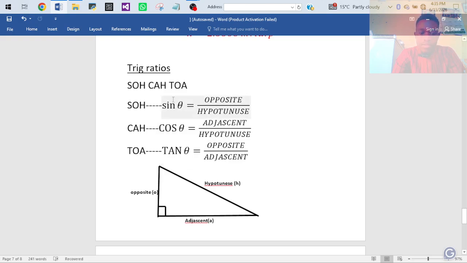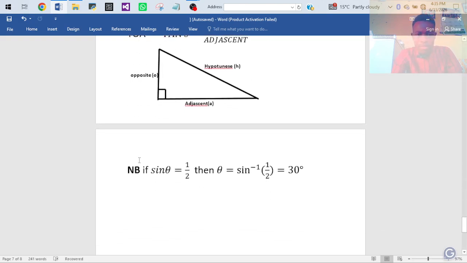If you want to calculate theta, for example if sine theta equals half, where the opposite is 1 and the hypotenuse is 2, which is this half. To find theta, if you are given sine theta equals half, just remove this sine. It is an inverse.